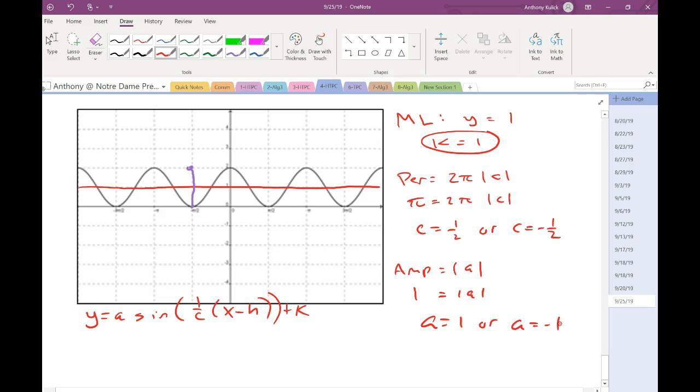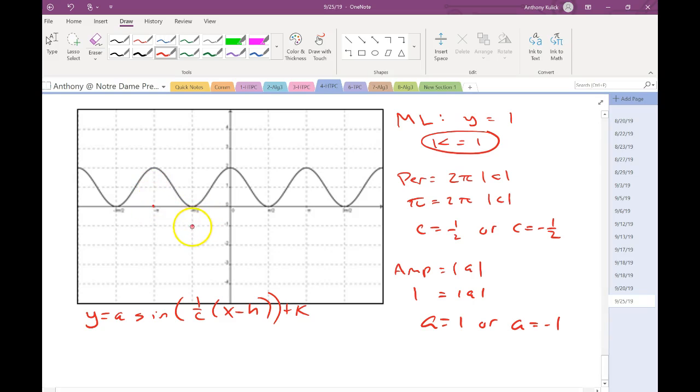So far, so good? Okay. Now what we're going to do is draw in our parent function and use that to determine whether A or C should be negative, and then the value for H.